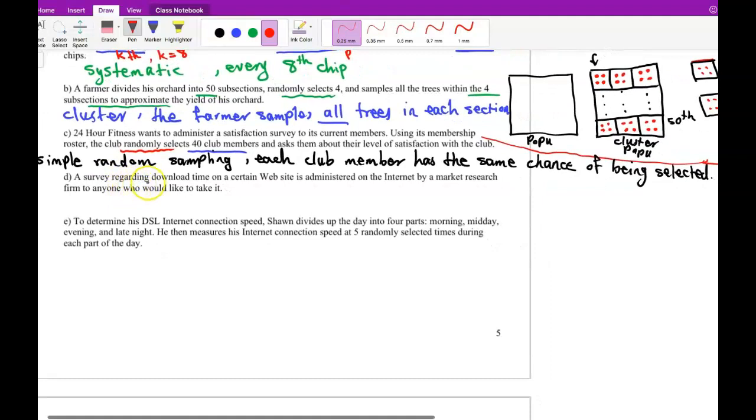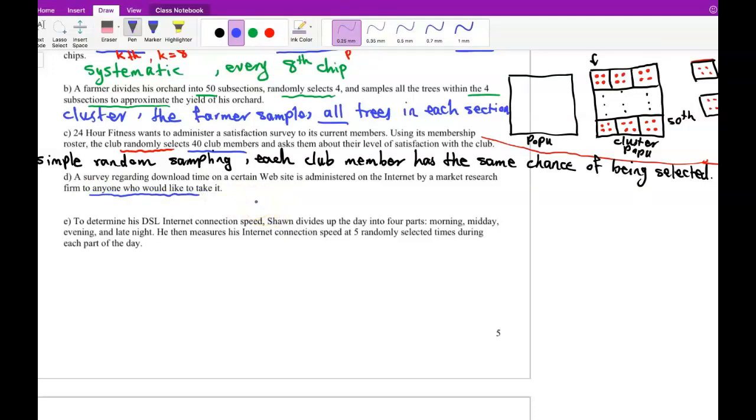Okay, part D is regarding download time on a certain website, administered on the internet by a market research firm to anyone who would like to take it. This is to anyone who would like to take it.